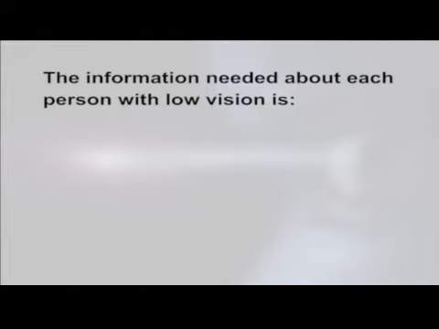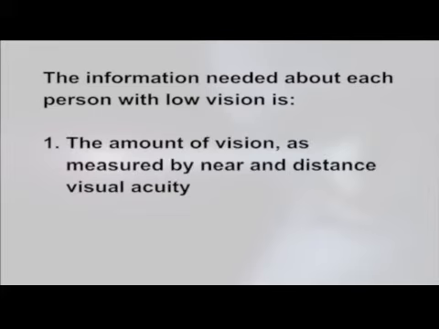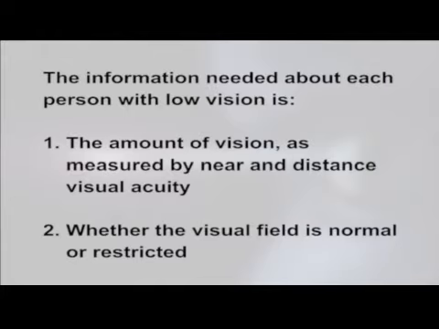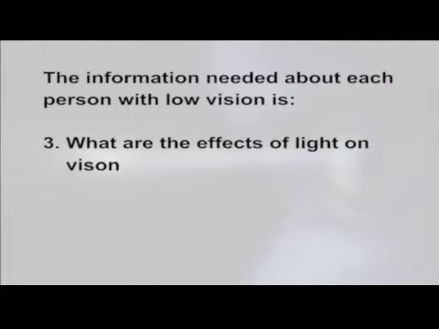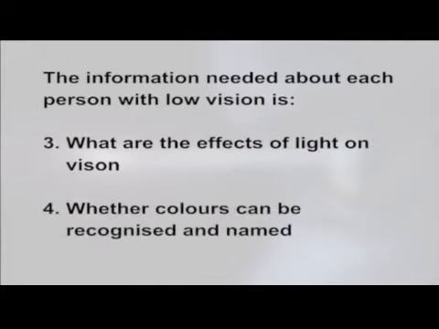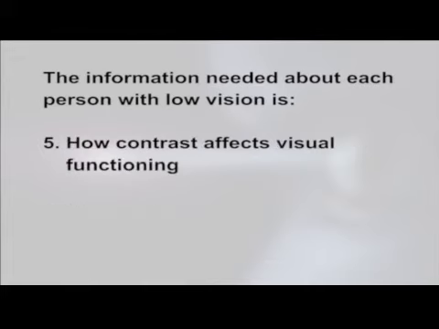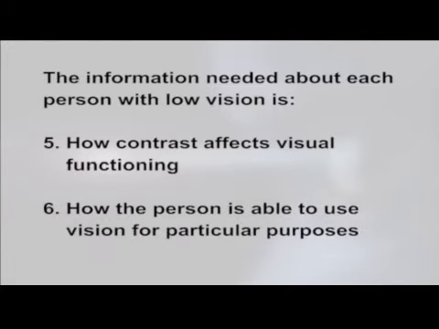The information needed about each person with low vision is the amount of vision as measured by near and distance visual acuity, whether the visual field is normal or restricted, what are the effects of light on the vision, whether colors can be recognized and named, how the contrast affects the visual functioning, and how the person is able to use the vision for particular purposes. Answers to these questions will give you a fairly accurate idea about the device to be prescribed, the prognosis and the psychological buildup of the patient.